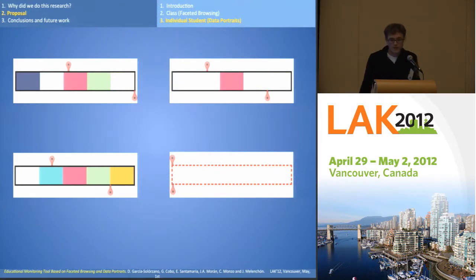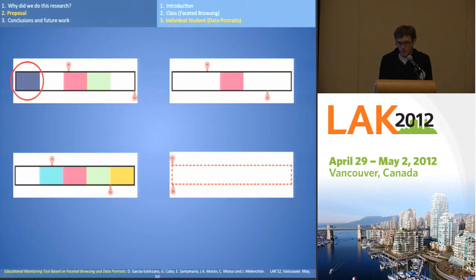For example, these are four examples of different students, and with these four data portraits, we can see different kinds of students at a glance. The first one is a student that writes a lot of posts, because the color of the first square is dark blue.